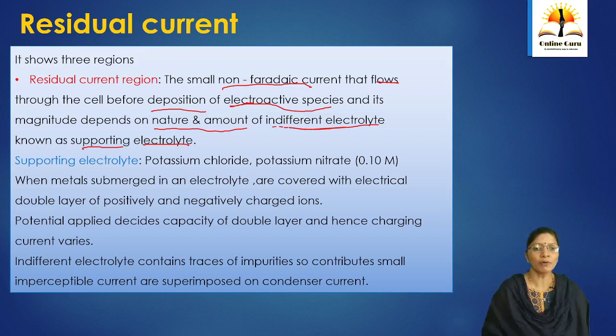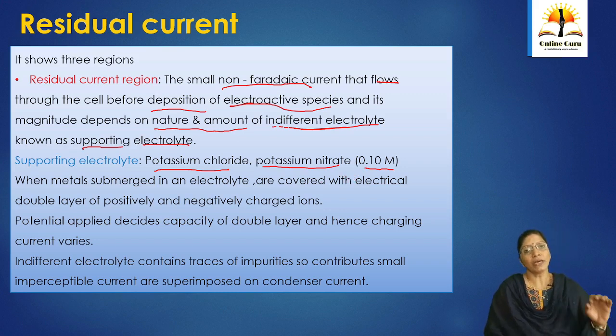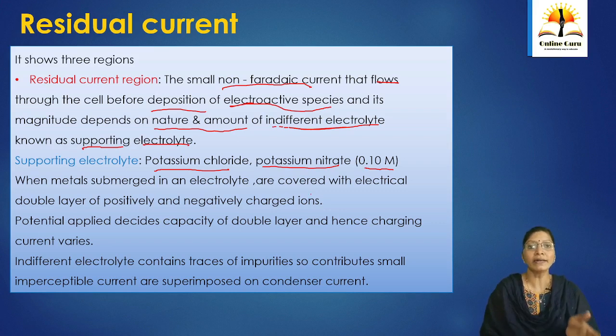What is used as the supporting electrolyte? Potassium salts like potassium chloride, potassium nitrate in the concentration range of 0.10 molar. See, this is 100 times that of the analyte. We are taking the sample in millimolar concentration and the supporting electrolyte in 0.10 molar concentration, that is 100 times greater than that of the analyte.